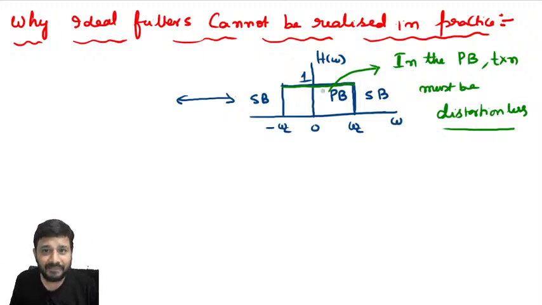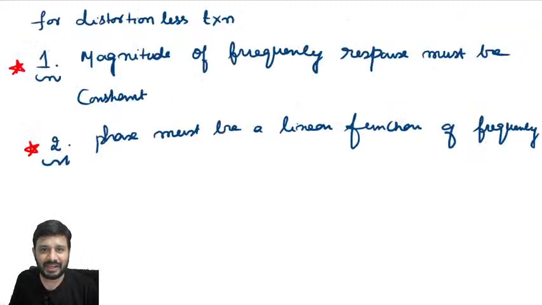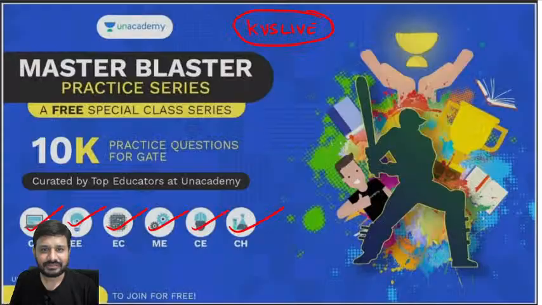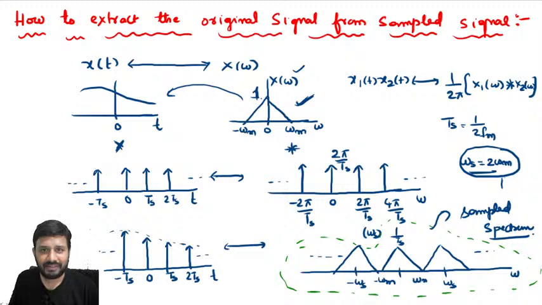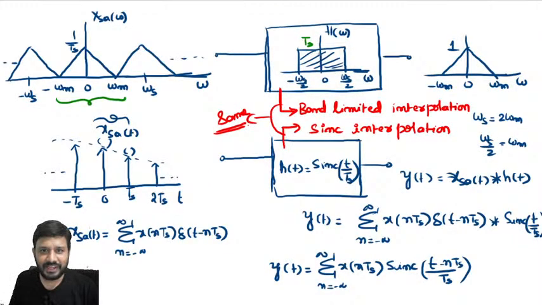Now if this is the frequency response, can you tell me what is the impulse response? We have seen in the earlier discussions, the frequency response is this one, which means the impulse response is a sinc pulse.